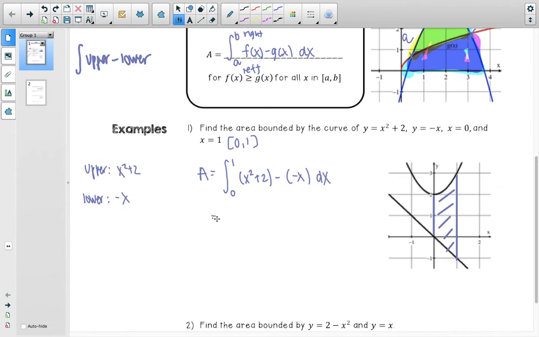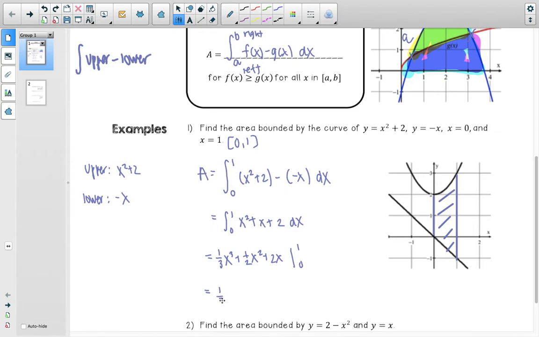Okay, now you could do this separately, but it gets a little weird. So it's a lot easier if you just do it all together. Okay, so from here, we're just going to simplify this, and then we'll integrate it. So this becomes x squared plus x plus 2, and then we integrate. So you get 1/3 x cubed plus 1/2 x squared plus 2x, and you're going to plug in the 1 and the 0, but if you plug in 0, you get 0.